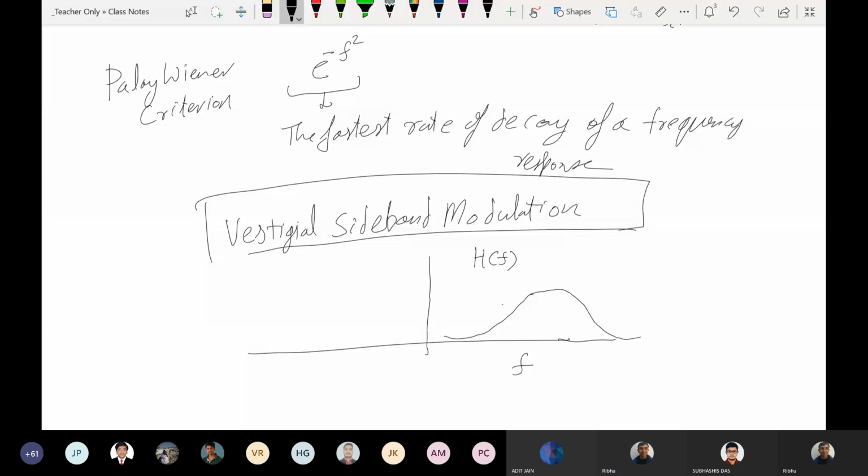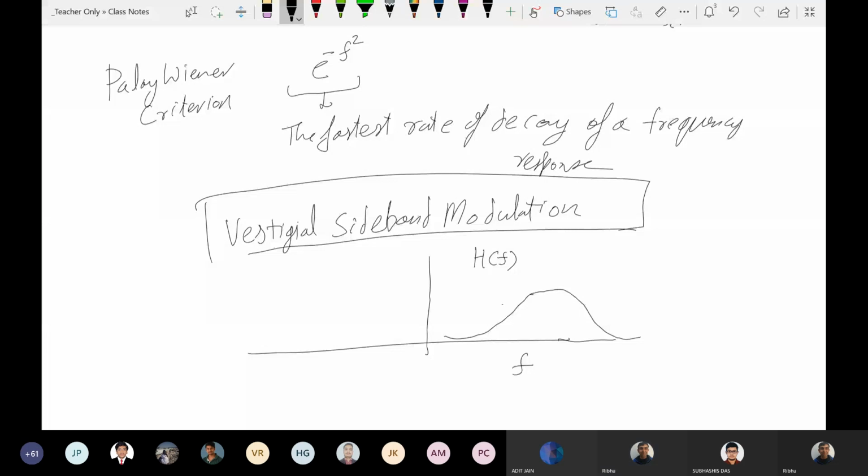So now I want to use this actual bandpass filter to cut off the unwanted sideband. So you see that there are two components. I have two choices actually. One, I cut off some part of the desired sideband so that I can completely eliminate the undesired sideband.